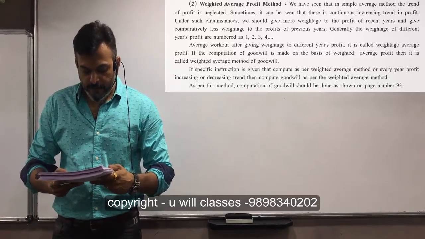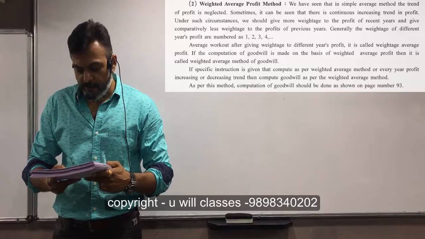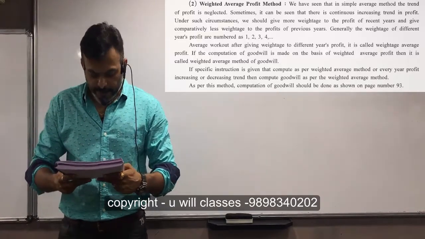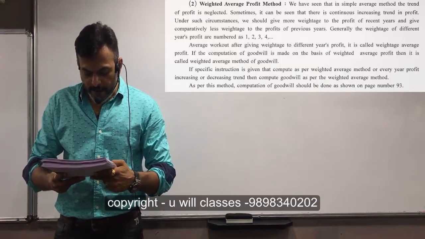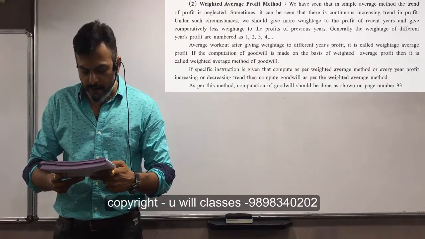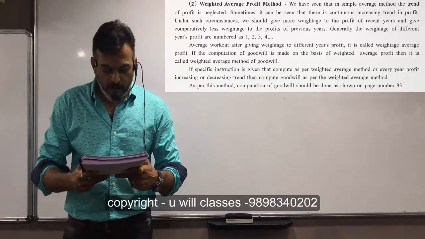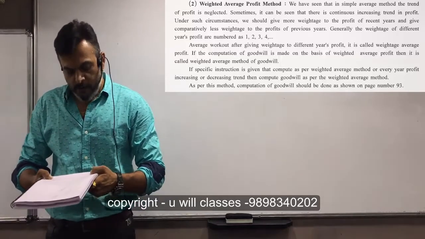Average workout after giving weightage to different years' profit is called weighted average profit. Underline weighted average profit. If the computation of goodwill is made on basis of weighted average profit, then it is called weighted average profit of average method of goodwill.